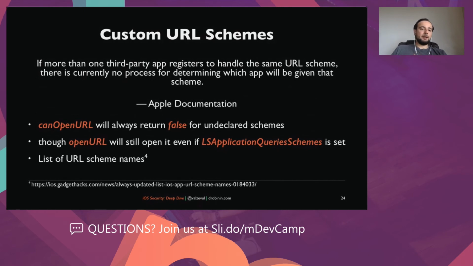And also, if you want to look at the things people are getting creative with, there is this constantly updating list of URL scheme names. So that's something attackers actually look for, and that's something you should protect yourself against, to make sure that if you use the scheme, it shouldn't be that known and famous. And again, it's better to use the website or to stick with the reverse DNS string.